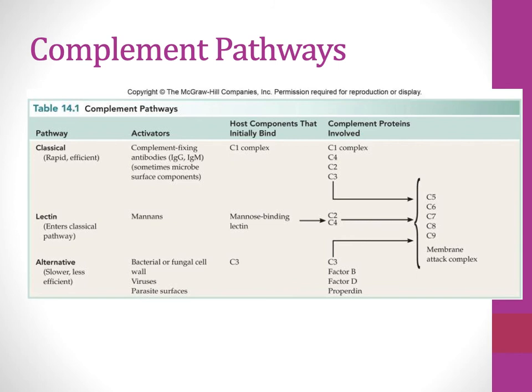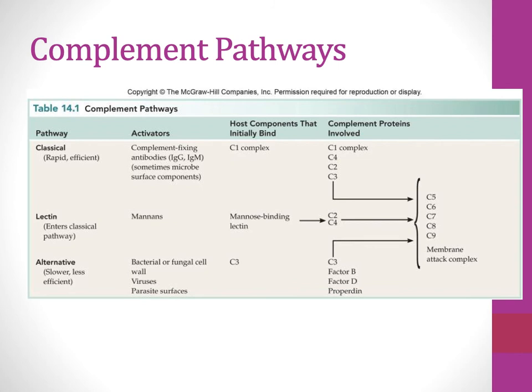We don't really understand that, so we say it spontaneously happens. And so if you have activation spontaneously, you don't want to have it happen all the time. So you want it to be a slower process where it's like checkpoint, do we want to move forward? Checkpoint, do we want to move forward? Okay, so with alternative, C3 will spontaneously become activated in the blood.